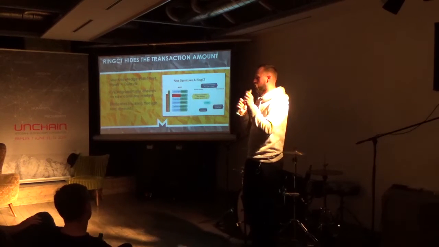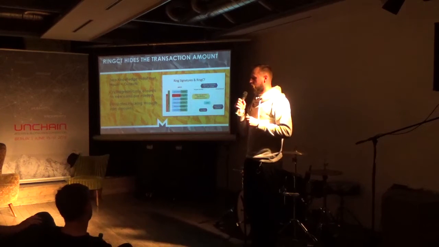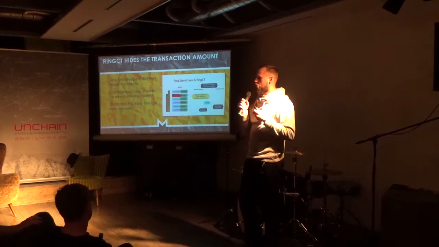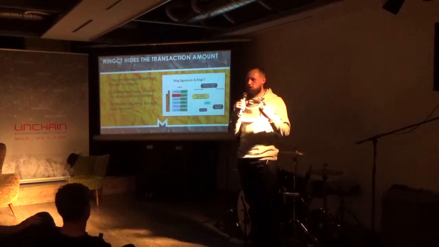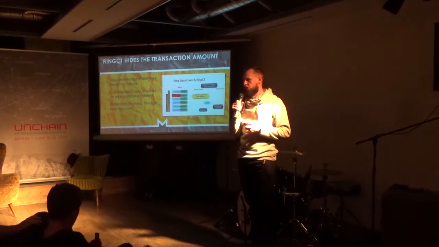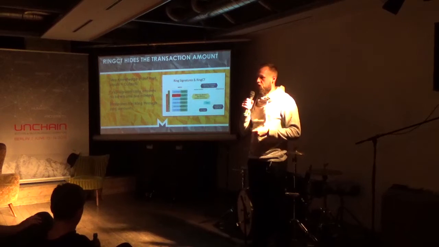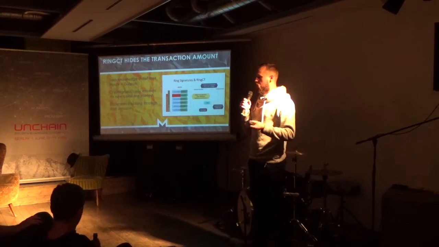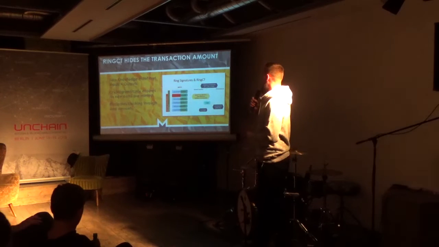And so if just the sender and the receiver, but not the amount, gets obfuscated, then you may still be able to at least deduce some information about who spent what in the Monero network. And also, like I mentioned before, if you have a zero value output, then that would also be recognized. So that's why we have ring CT.